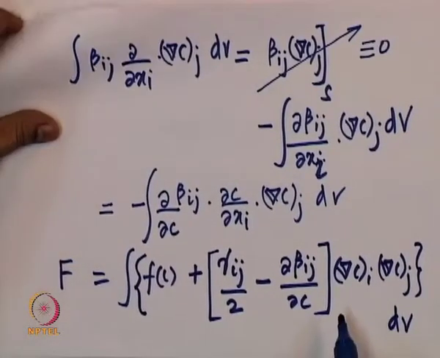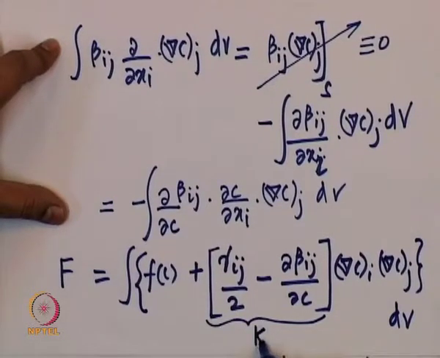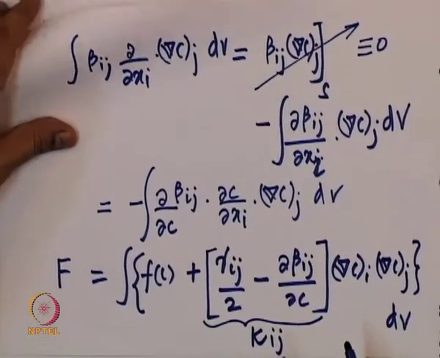This is the free energy functional we have, and I am going to replace this quantity by some kappa_ij. The other higher order terms I have neglected.